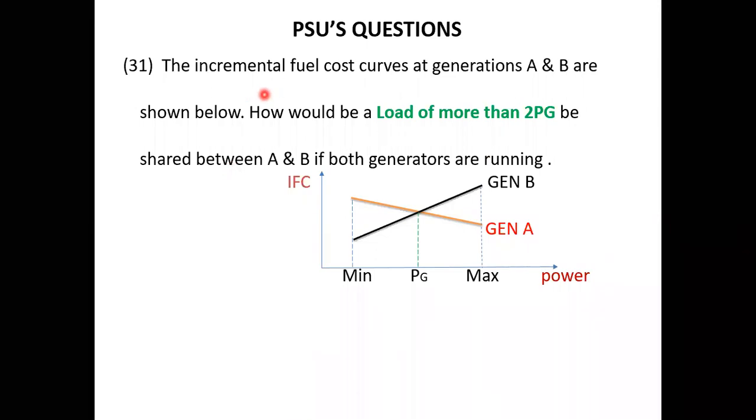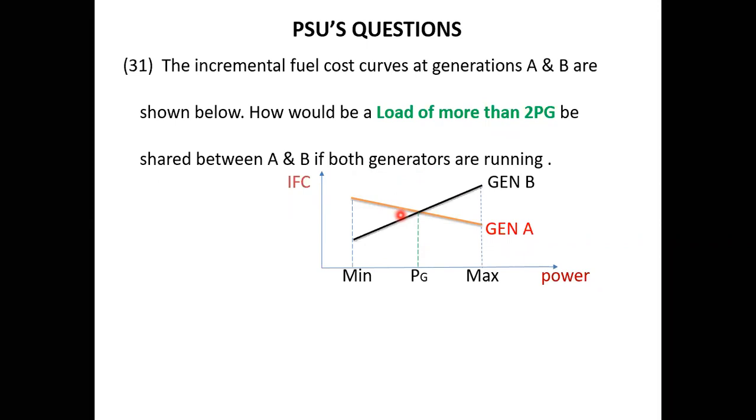Now let's try to understand the problem. The incremental fuel cost curves of generators A and B are shown below. How would a load of more than 2 PG be shared between A and B if both generators are running? Every piece of information is present in this characteristics itself.